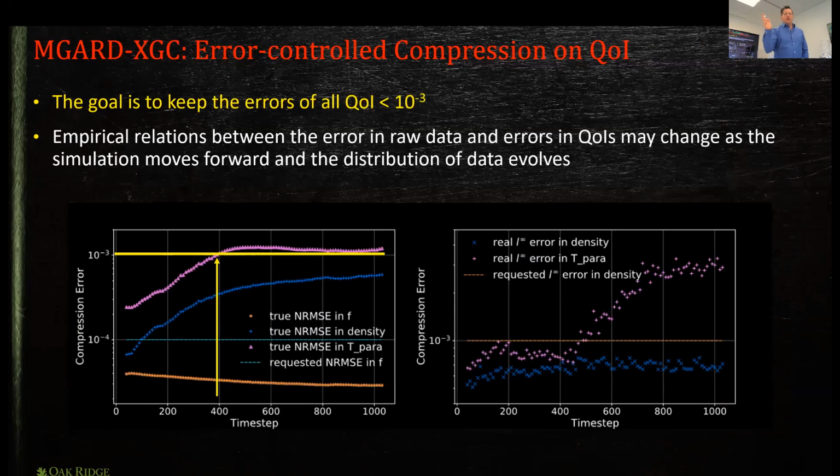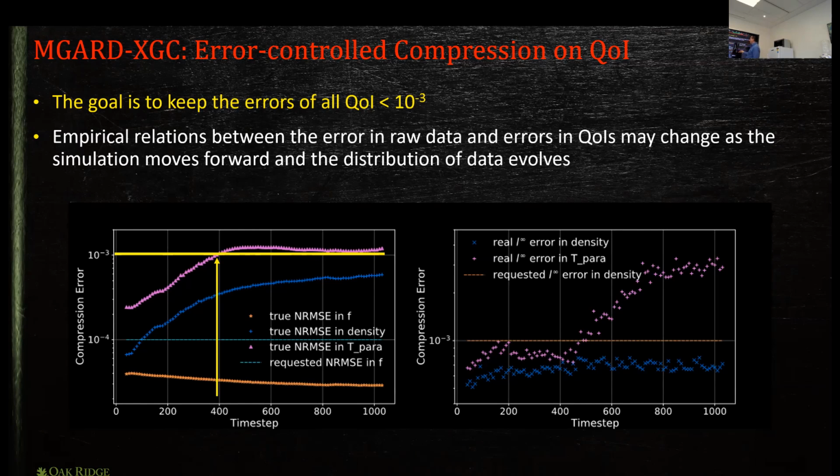Now, again, I said there's more. And this is the thing that I keep trying to say. So let's just look at the data we took out at this essential 400 time step. There were over 1,000 time steps in the simulation. What we plot here are the errors.